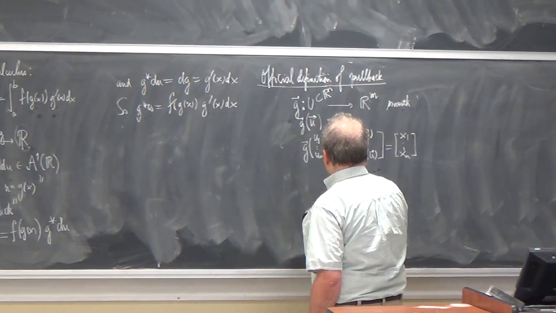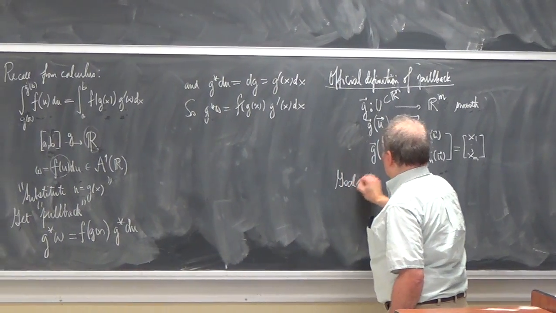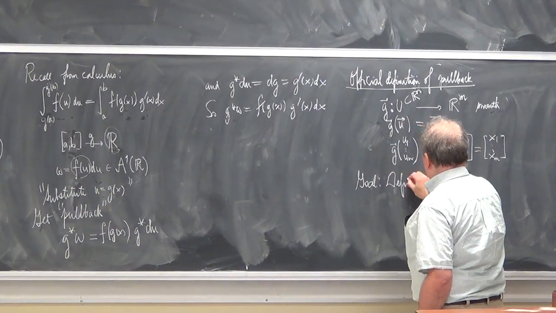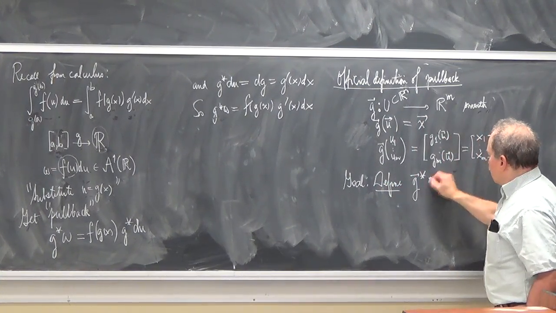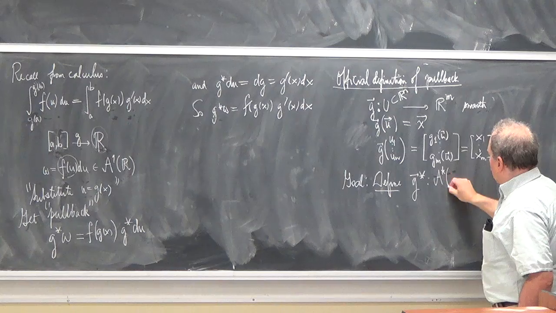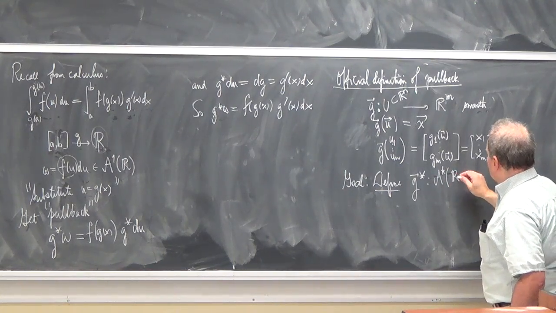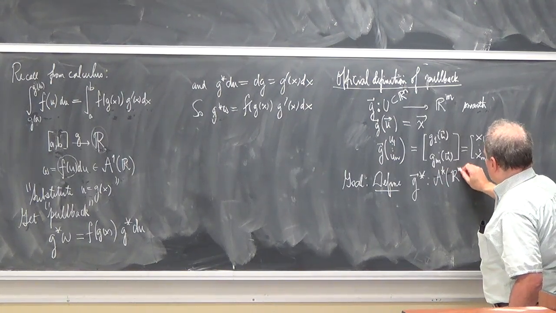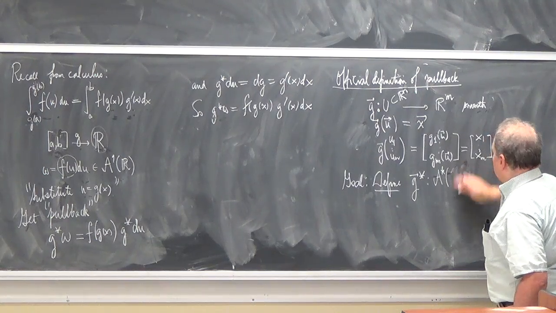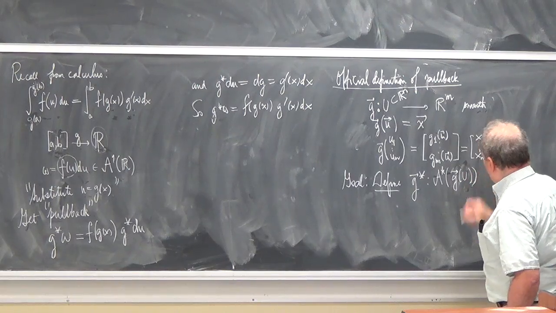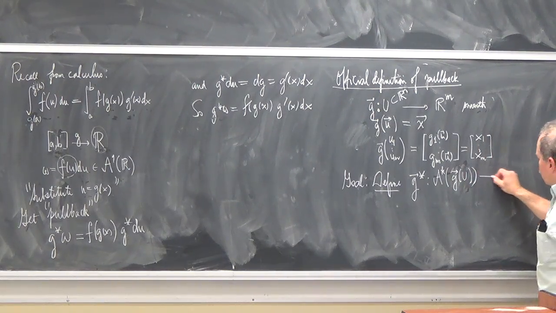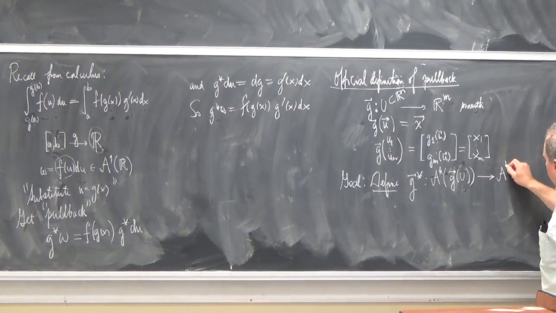So what I want to do is define what's called the pullback, which takes k-forms on Rm and pulls them back to k-forms on u.